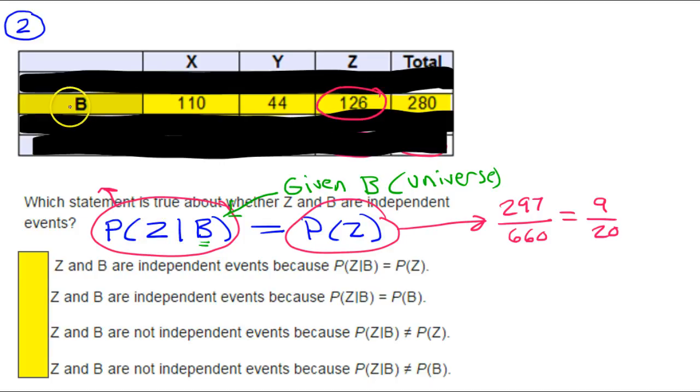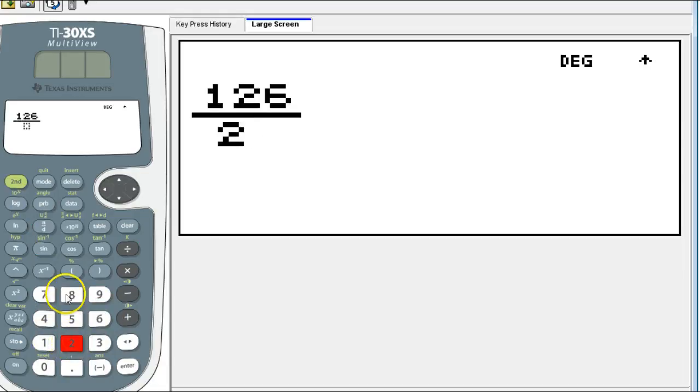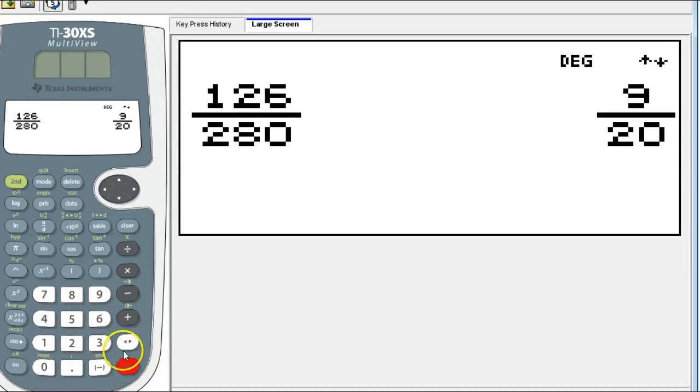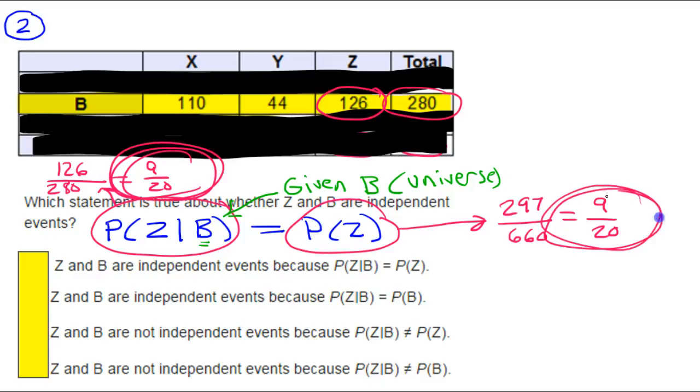In this smaller universe, the given B universe, the number of Z's is 126 out of a total of 280. Let's see what this reduces to. Nine twentieths. That is the exact same thing we got before. So 9/20, 9/20.